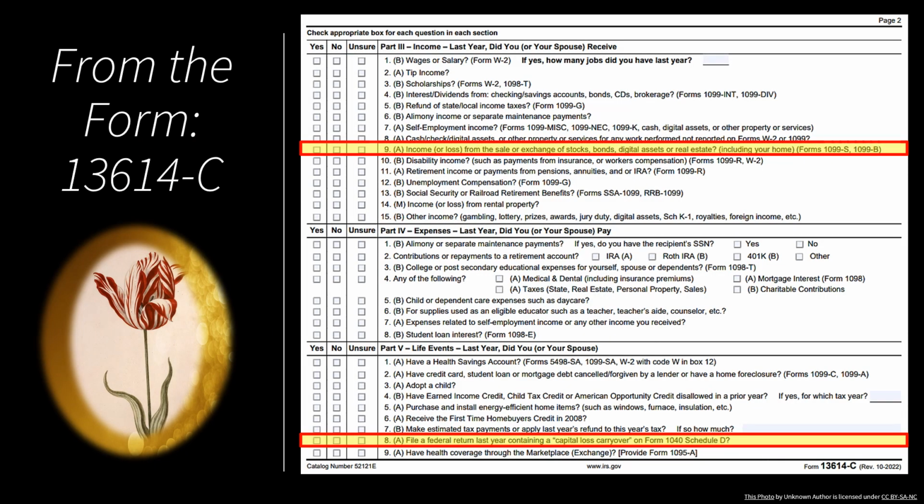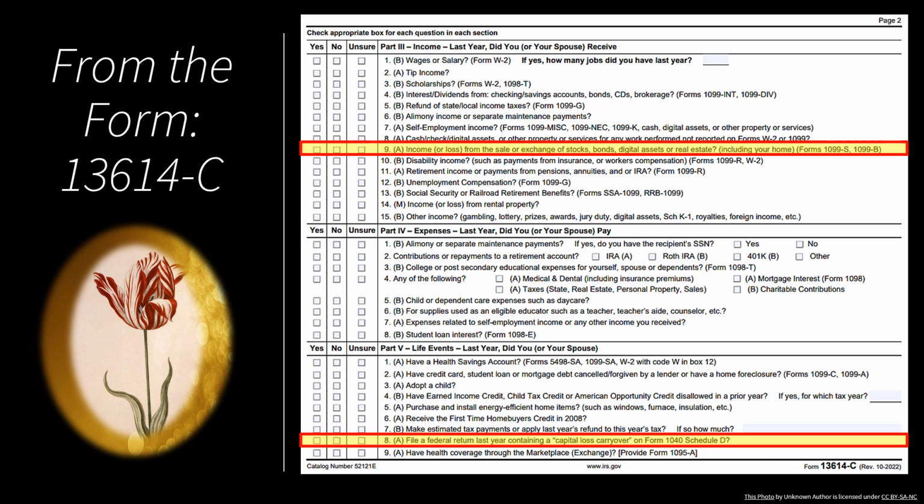In the areas that we're going to be looking for on the Form 13614-C, our intake form, are under that income section. Question 9 asks if there was income or a loss from the sale or exchange of stocks, bonds, virtual currency, or real estate, including your home. And these clients might come in with informational forms 1099-S or 1099-B.